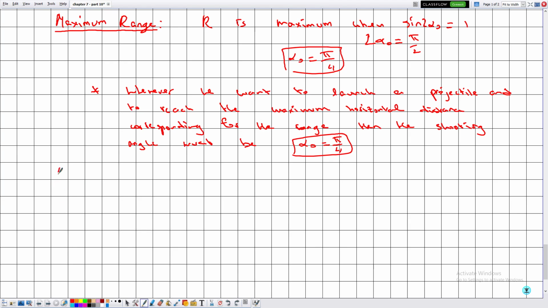So the maximum height is given by Vy is equal to 0. Why is Vy given as 0?